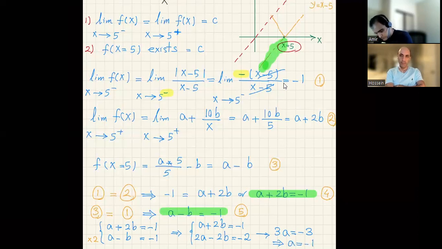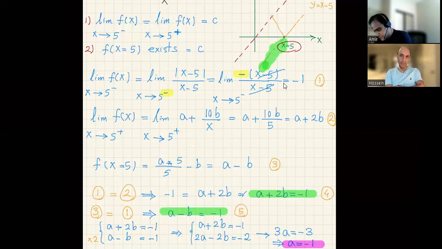So that's one answer. And for another answer, I can again use result number 5, which is this equation. I use this equation to obtain B. So just plug in the value of A and then you get the value of B.